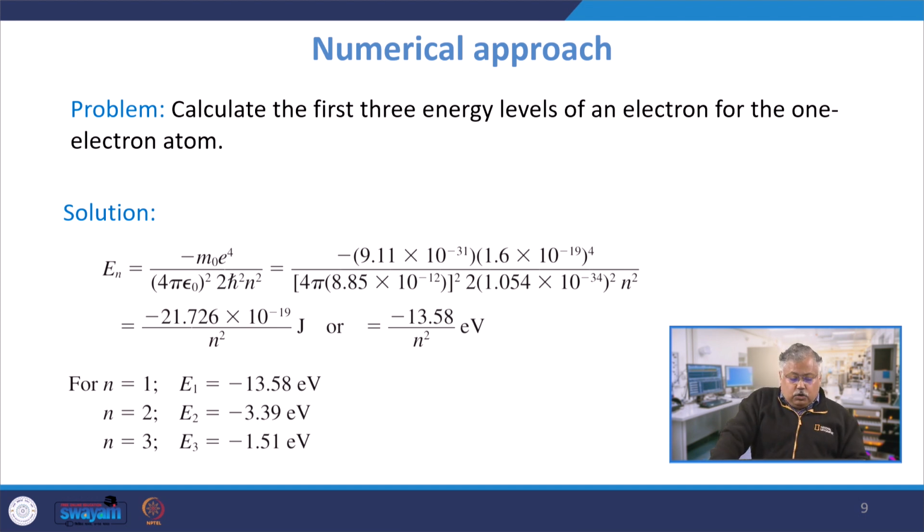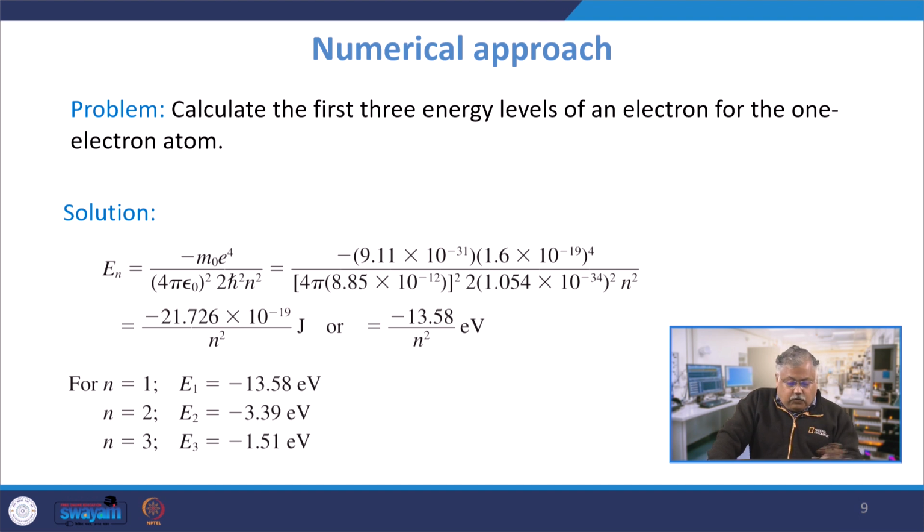So you are told to calculate the first 3 energy levels of an electron in a hydrogen atom. One electron atom is basically a hydrogen atom. Now the energy is given by En equals minus m0 e to the power 4 divided by 4 pi epsilon naught square into 2 h cut square by n square, right?